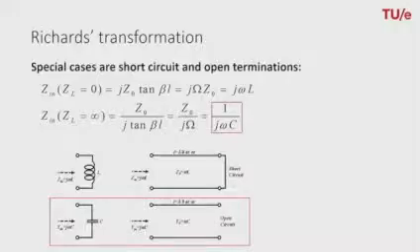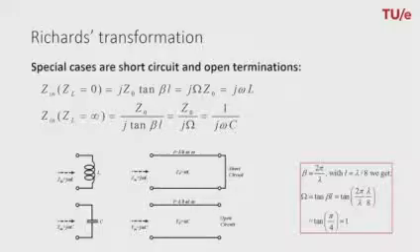Now, in the particular case, and that's what we assumed already in these figures, that the length is equal to lambda over 8, we get the feature that since beta is equal to 2 pi over lambda, with the length lambda over 8, we see that the capital Omega, which is tangent beta L, simplifies to 1.